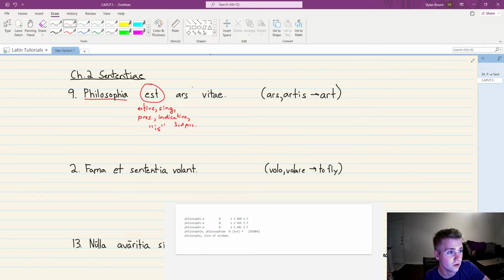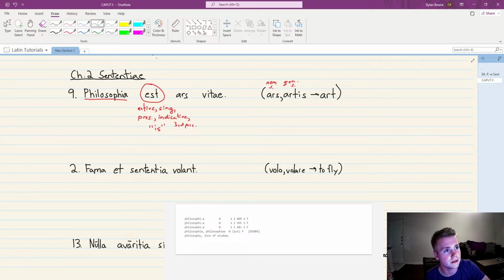We can see that ars and ars here match up, so this is its nominative. In the dictionary, you get your nominative singular and your genitive singular. Your genitive is the one that picks out your declension, your nominative being the one that can change or be different than normal. So this one's very straightforward.